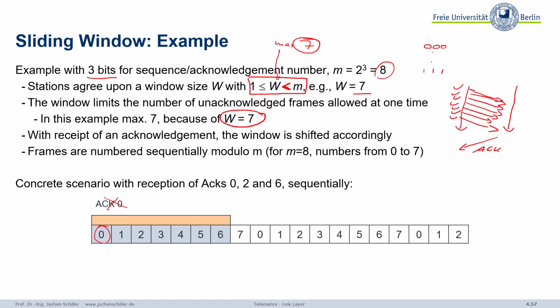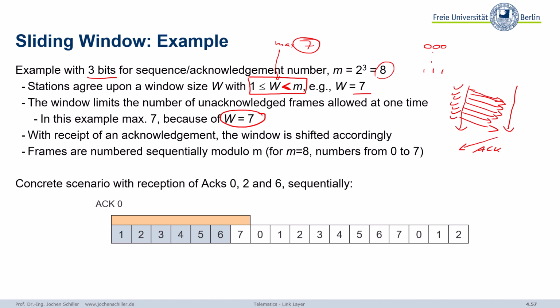This is why I cannot simply forget it, fire and forget. No, I have to store it until I really receive the acknowledgement. After receiving it, I know the receiver on the other side got it. I can delete it from my memory, and I slide the window according to the acknowledged packets.